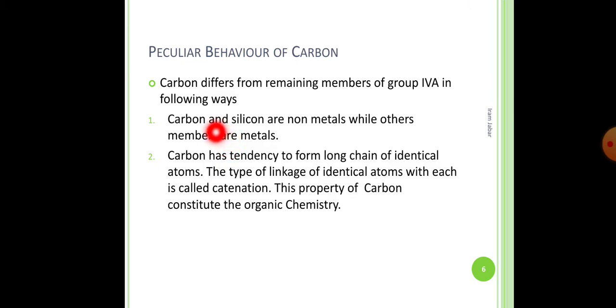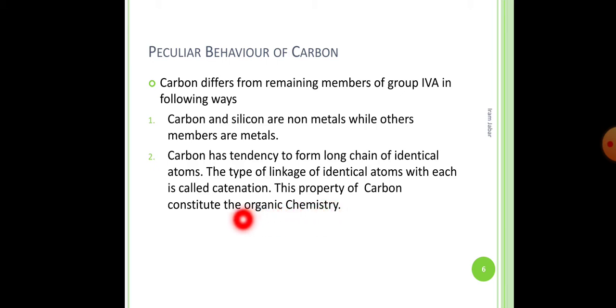Carbon is a non-metal, silicon is a semi-metal, while the other members of group 4A are metals. In the same way, carbon forms long chain compounds. These long chain compounds are known as hydrocarbons, and these hydrocarbons constitute organic chemistry.